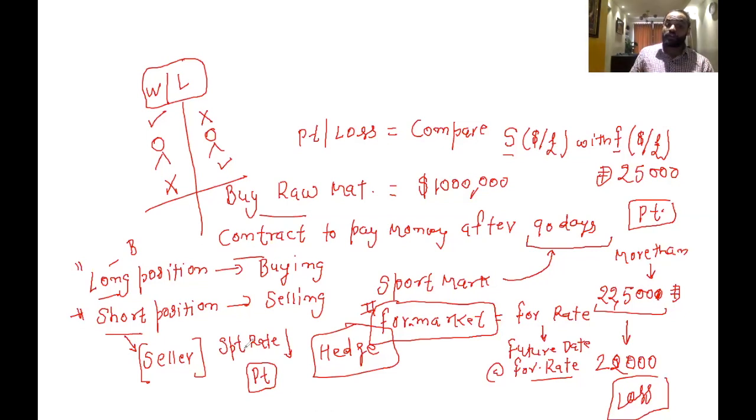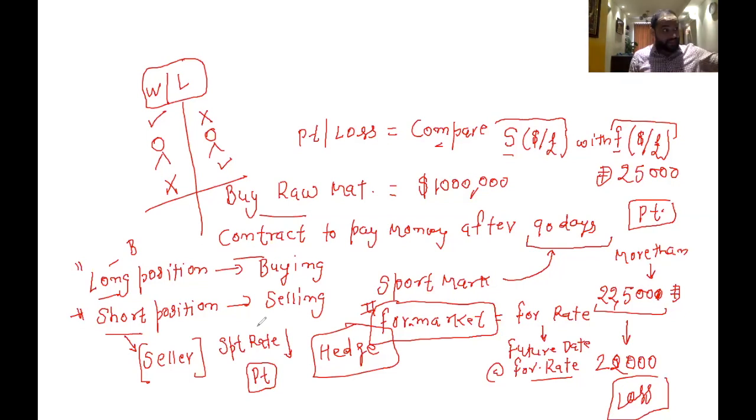Why? Because you did not sign the contract with the spot rate. You signed the contract with the forward rate. So you always compare the spot rate and the forward rate. If the spot rate is getting weaker, you are making more profit if you are a seller, because you want to sell expensive, but the spot rate is low.